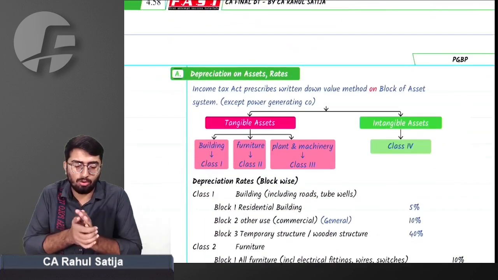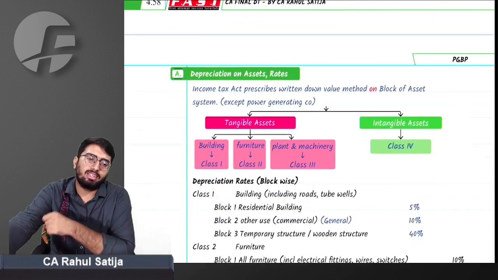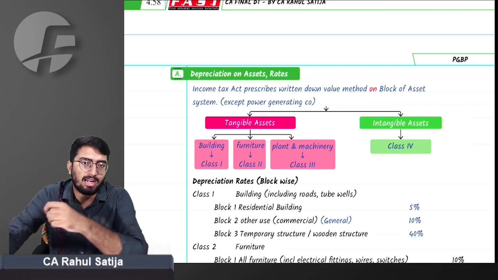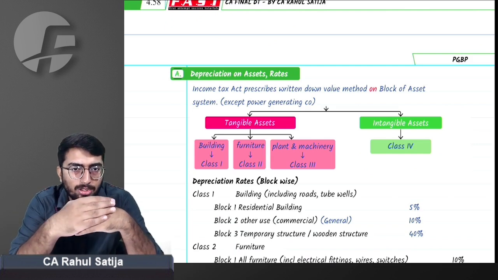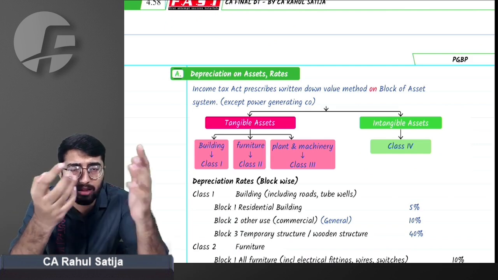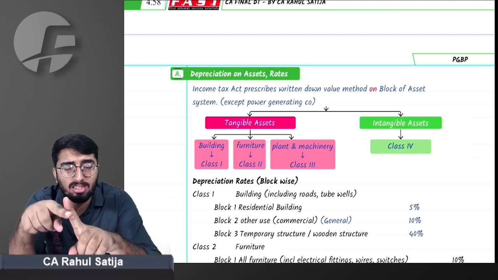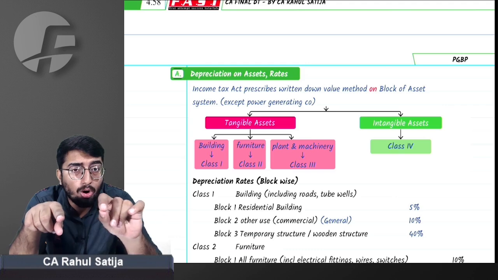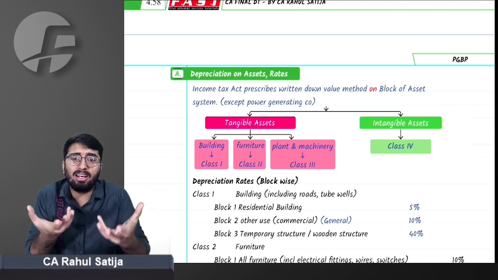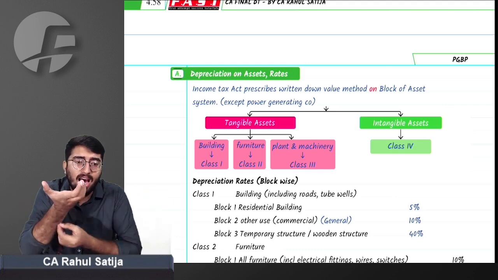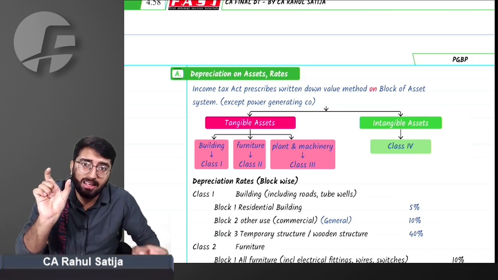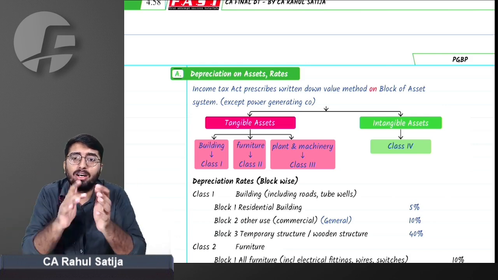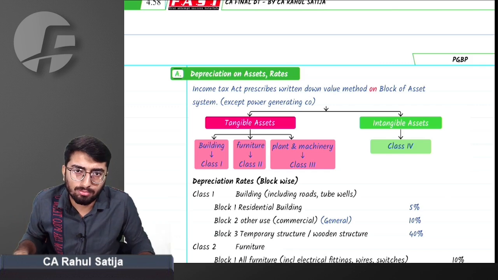Now we have to understand how to calculate depreciation. In income tax, depreciation is calculated on the WDV basis. The WDV method is followed not on an individual asset system, but on a block of assets system. For example, a class of assets has different rates, and every class with a different rate merged together forms a block.